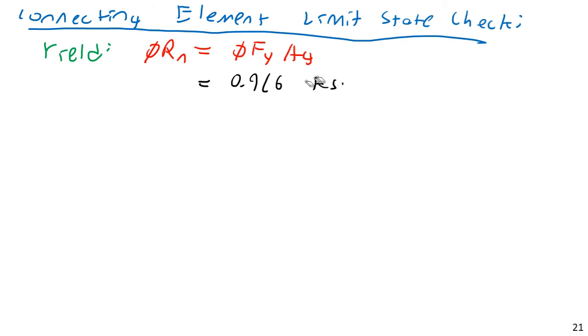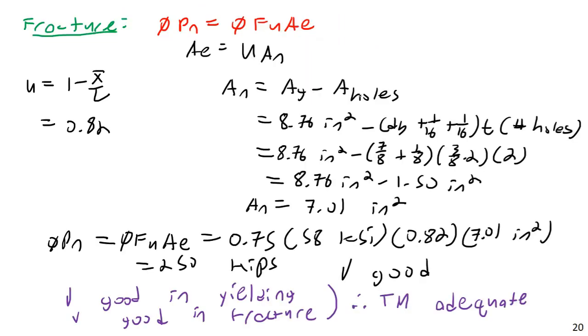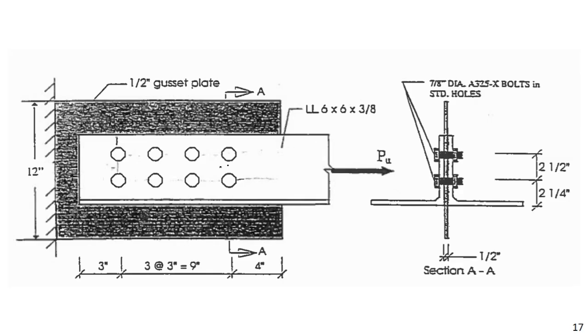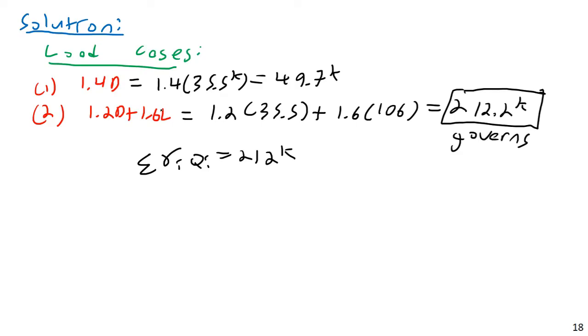So we notice our connecting element in this case has a much higher yield strength than our simple 36 ksi tension member. So you do have to use the relevant yield stress and ultimate stress for whatever element you're analyzing at the moment. This is grade 65 steel, so we'll use 65 ksi for our yield stress. Then our gross area is, if you go back here, 12 inches tall and 1/2 inches thick.